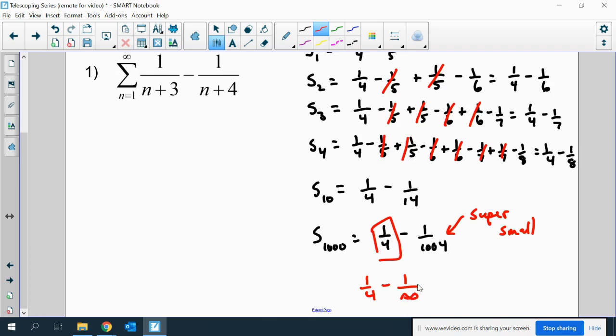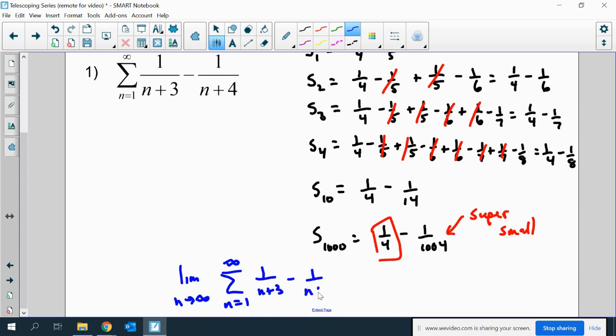And 1 over infinity is 0 for all intents and purposes. So the limit as n goes to infinity of the sum from n equals 1 to infinity of 1 over n plus 3 minus 1 over n plus 4 is just equal to 1/4.